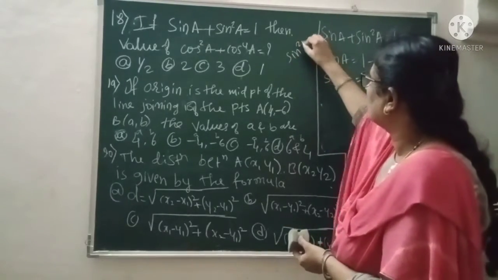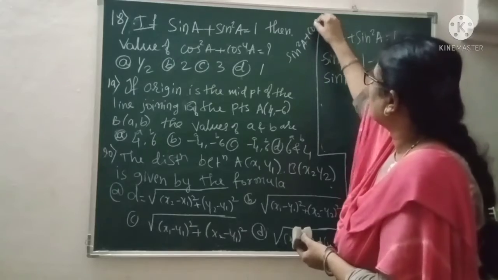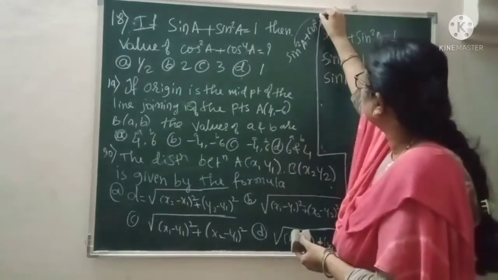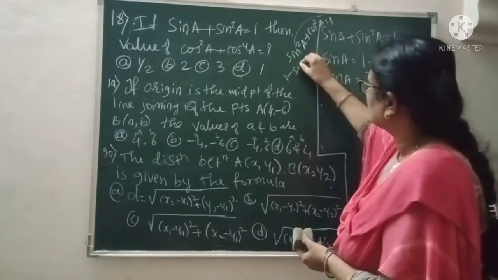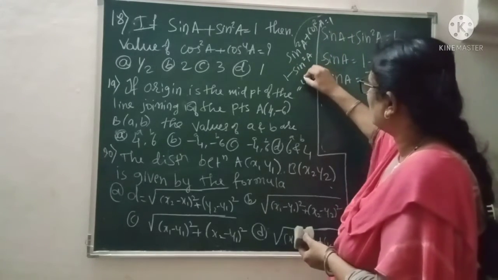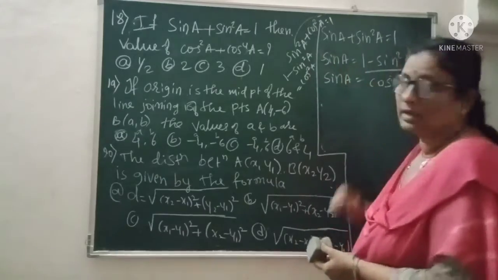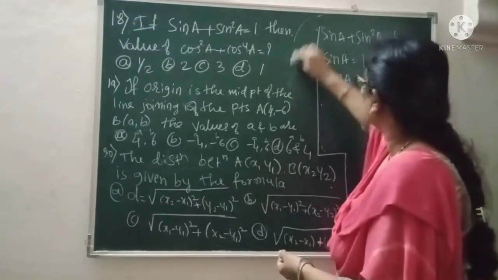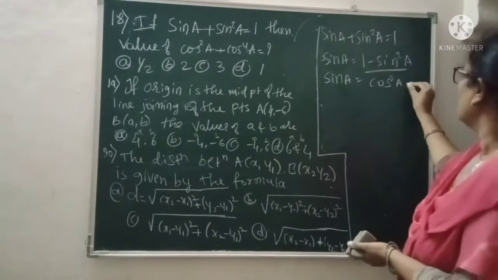Sin square a plus cos square a is equal to 1. So when you move this term to this side, 1 minus sin square a is equal to cos square a. Same thing I am doing here. In place of 1 minus sin square a, I am writing cos square a.